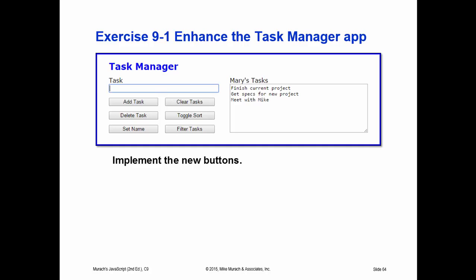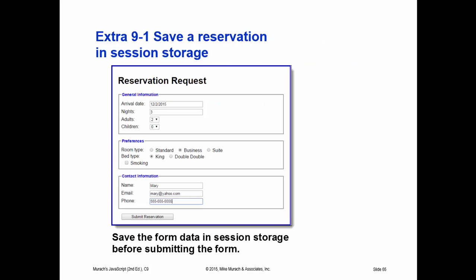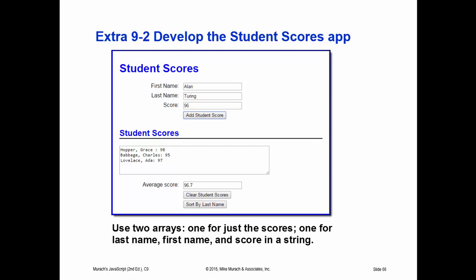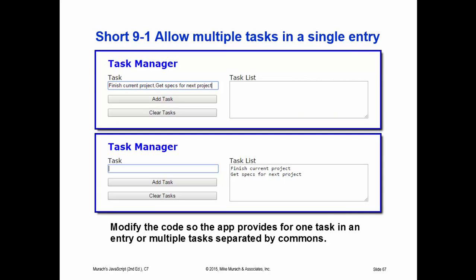So again, there were 2 main topics discussed in this chapter. Those were arrays and web storage. You were just introduced to both. Remember, arrays store one or more elements, and we talked about numerically indexed arrays.